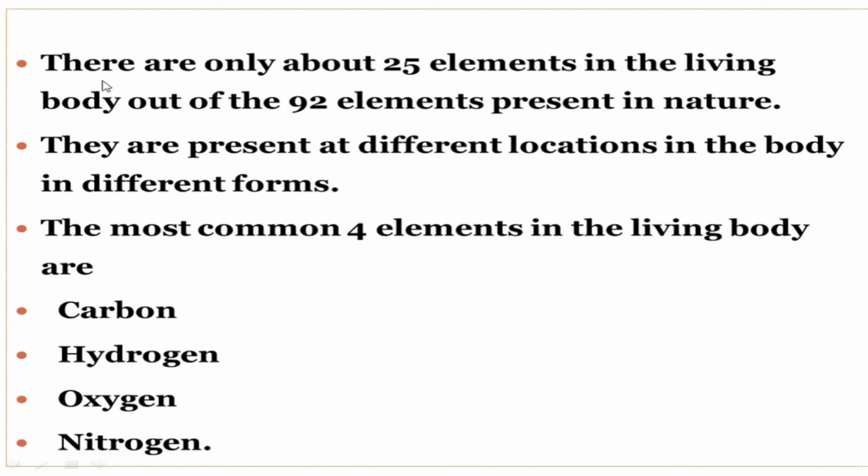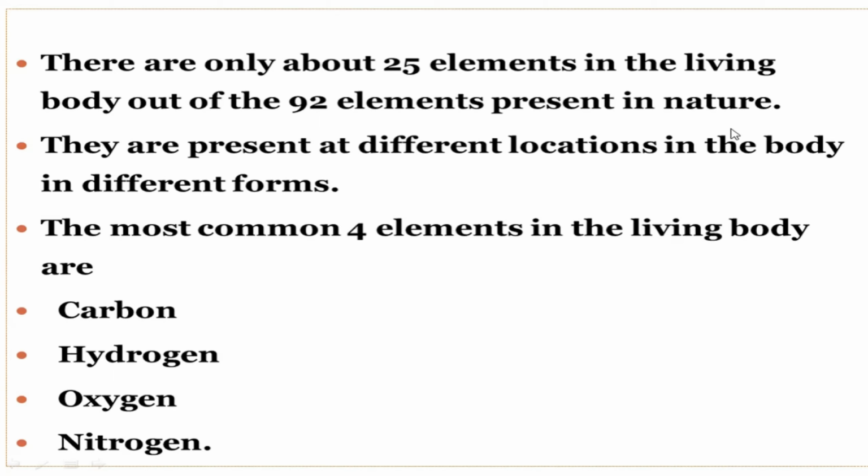Right. Under this topic, firstly we have learned that there are only about 25 elements in the living body out of the 92 elements present in nature. It means nature contains 92 elements. Among them, 25 elements are contained in the living body.